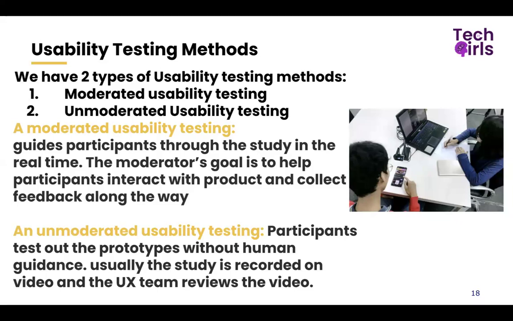So that's unmoderated usability testing. One is that you are there with the person to watch and guide them through the testing phase. The second is that you are not there with the person, but the person is recording, so you can easily notice the struggle the person is having. Those are the two types of usability testing methods that we have.